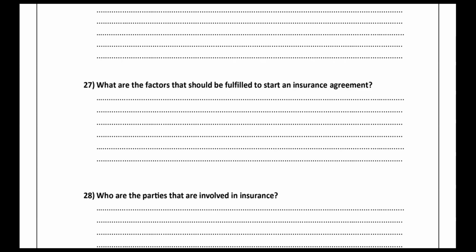And the next one: what is the risk being covered, or what is the asset that is being covered? The details about that will also be mentioned. Next is the validity period of the agreement. Now, the agreement has a validity period, so that will also be there.